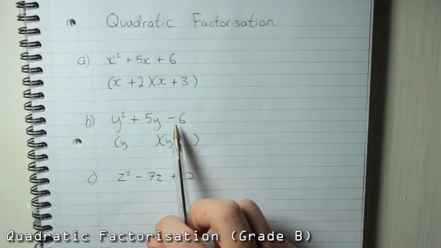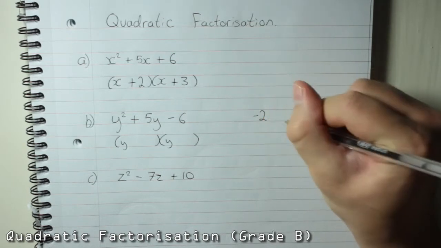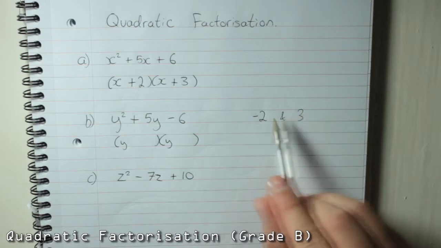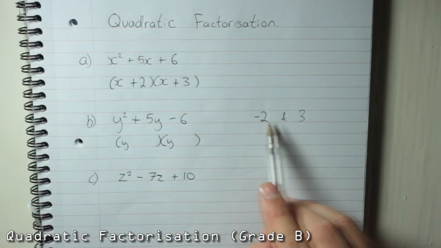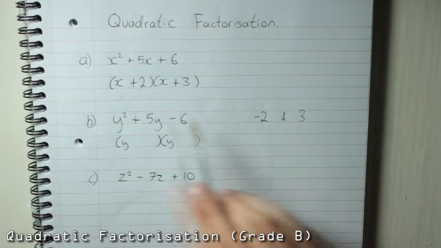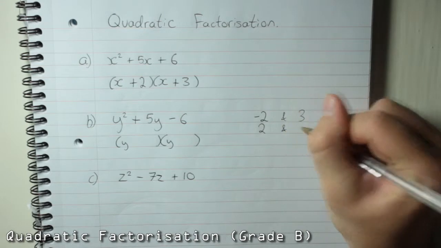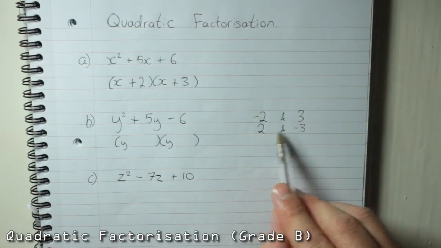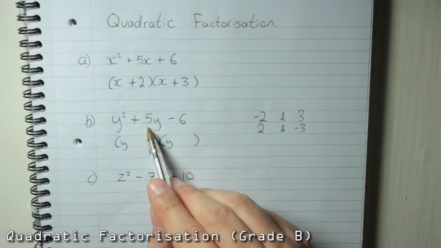So if I was to try minus 2 and 3, does it give you 5? Well, minus 2 plus 3 is 1, doesn't give you 5. If that was a positive 2 and a negative 3, 2 added to minus 3 is minus 1, so that's not the same.